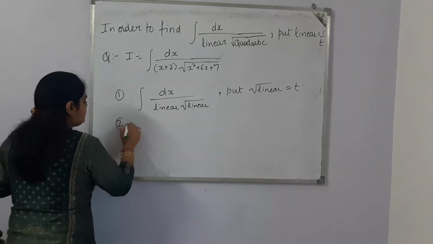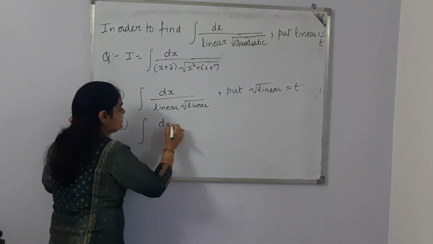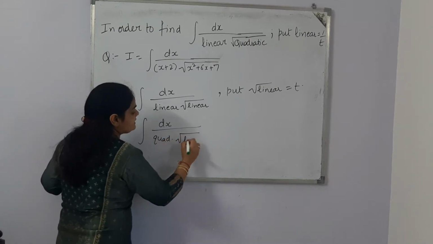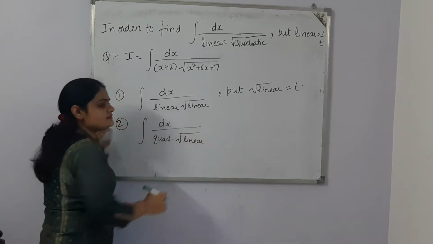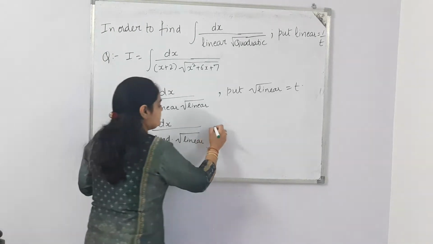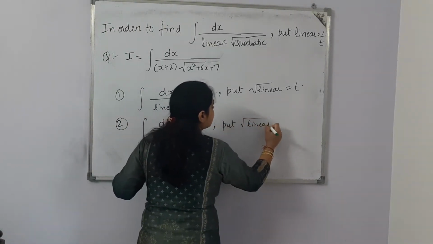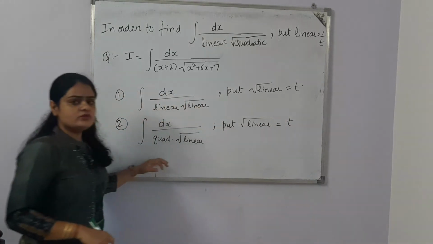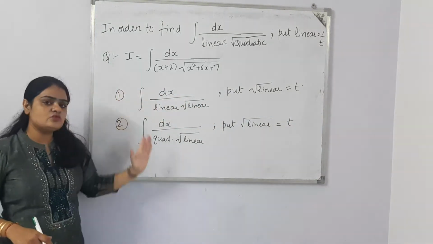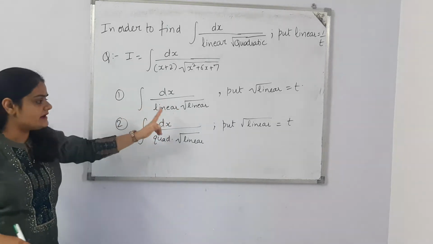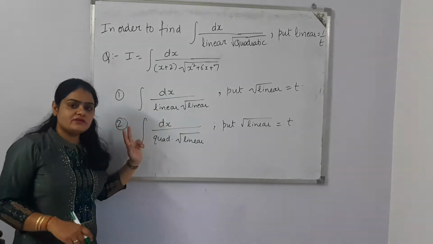The second criteria we did in the previous class: whenever a quadratic function is outside and inside the root there is a linear function. In this case we substitute the root of the linear function equals t. We learned these two criteria, and we even did three questions related to these patterns in the previous video.